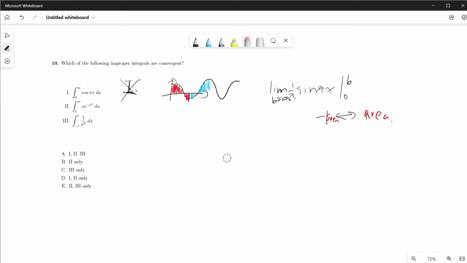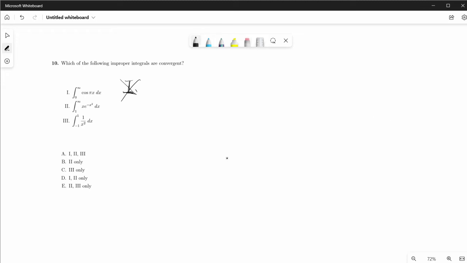Number 2, we have the limit as b goes to infinity of the integral of x times e to the negative x squared. We can just take the integral of that. It's the chain rule.